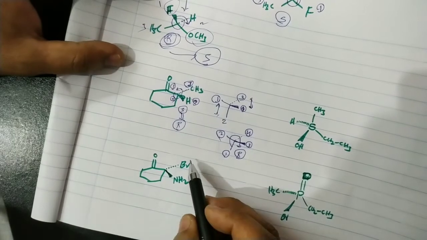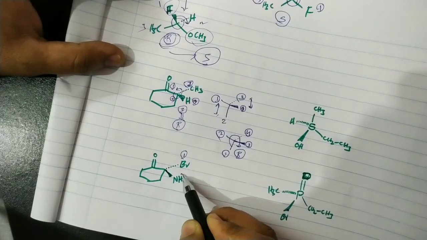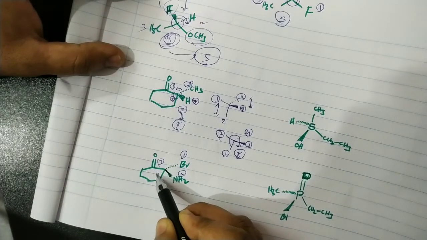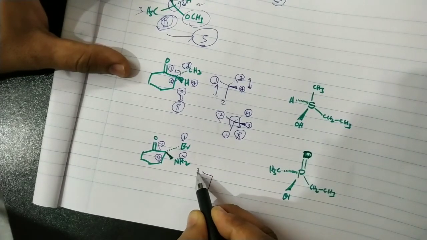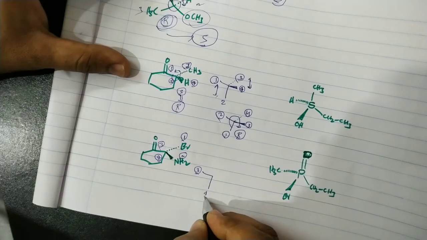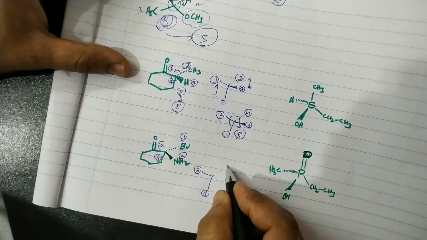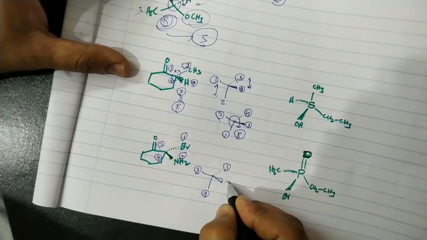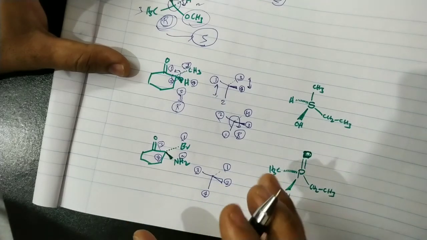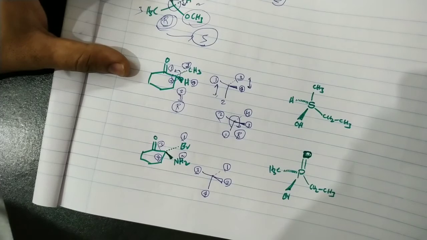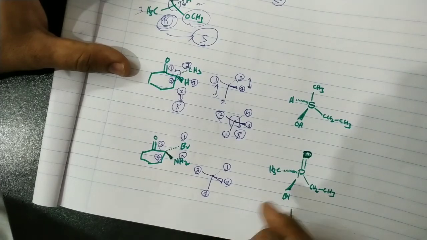And next, in this case first priority, this one second priority, this is third priority, and fourth priority. In this case also, this one third priority and this one fourth priority. Here first priority, here second priority. Just exchange so that I take an even number of exchanges.